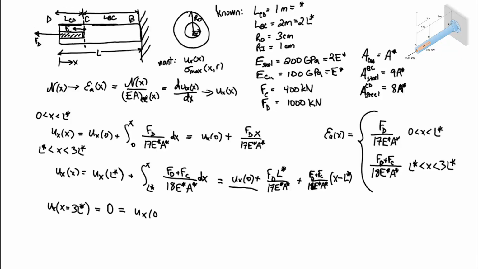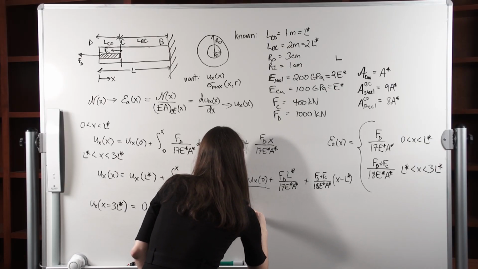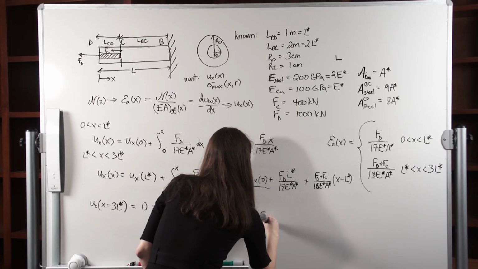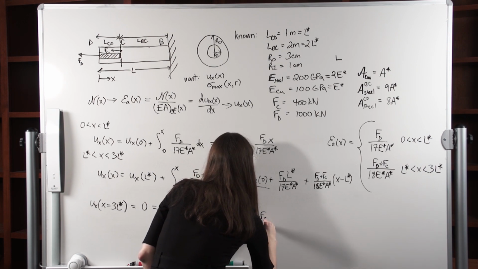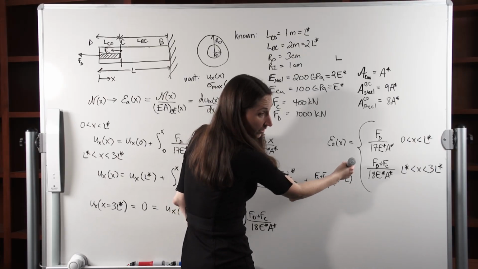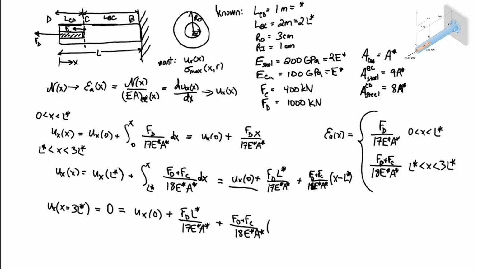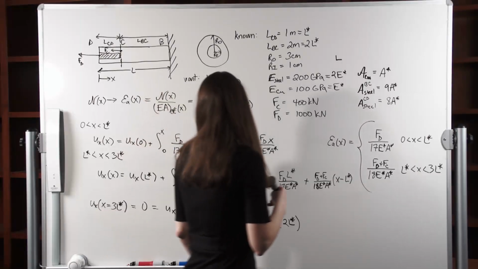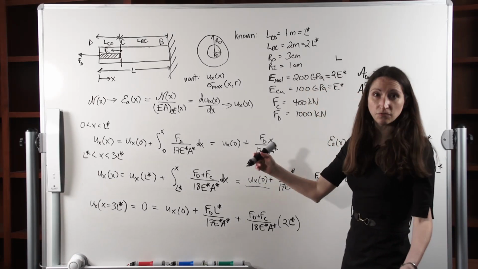So it's equal to ux of 0 plus fd L star over 17 E star A star, plus fd plus fc over 18 E star A star, times 3L star minus L star, which is just 2L star. Okay, and so now we can just solve this equation for ux of 0, right?